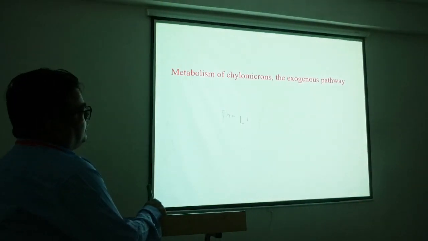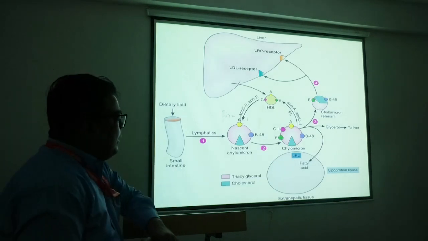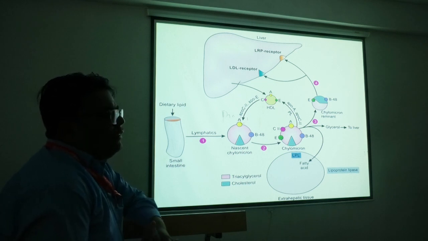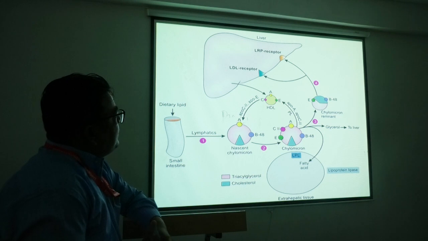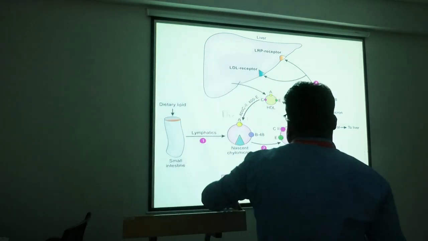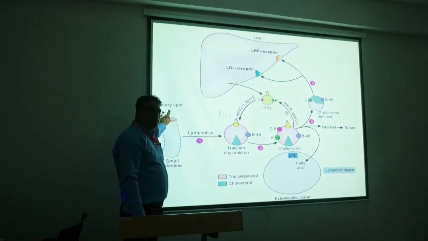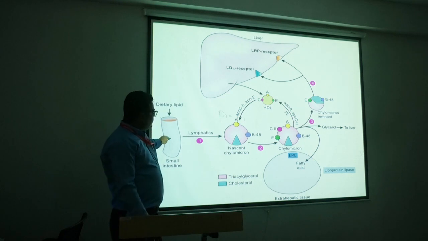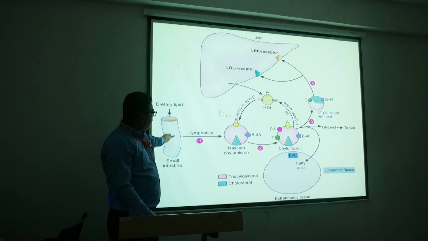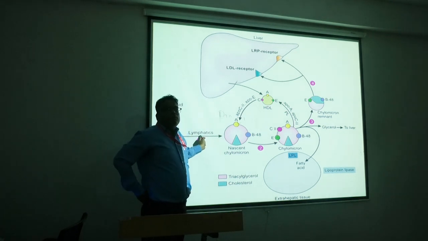Now we will understand this in a simple way. Here are the LDL receptors, and here you see, firstly we take dietary lipids in the diet, which come to the small intestine, and by the lymphatic vessels, that's why it is called chylomicron.